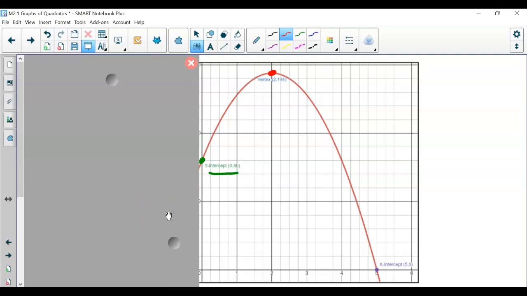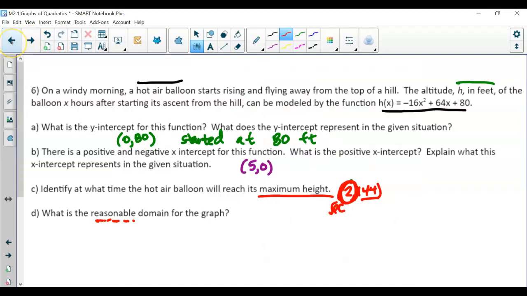This is what makes this situation a reasonable domain. We're starting at 0 and we're ending at the x value of 5. So that is what we now mean by making sure that the domain is reasonable, the x value. So from 0 to 5, our x value is covering all between.